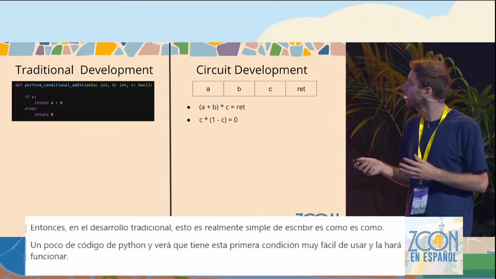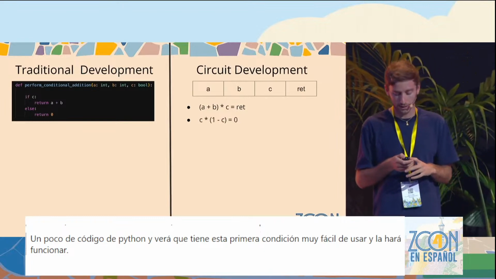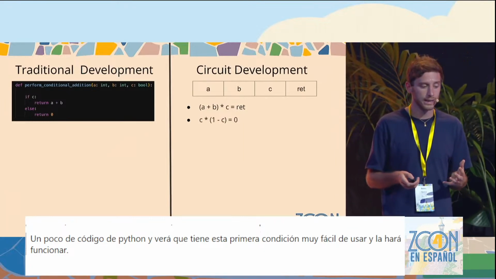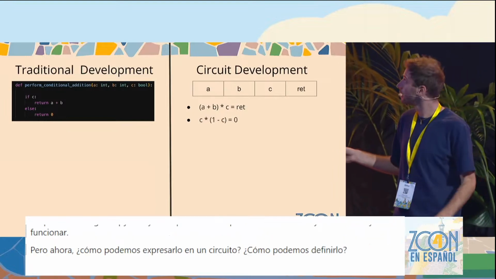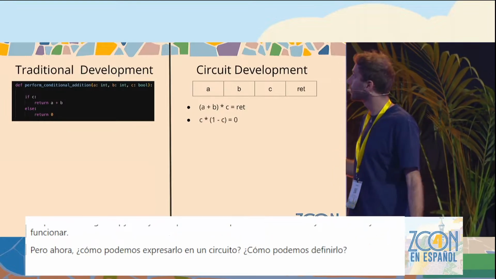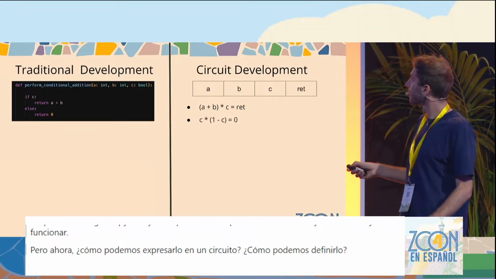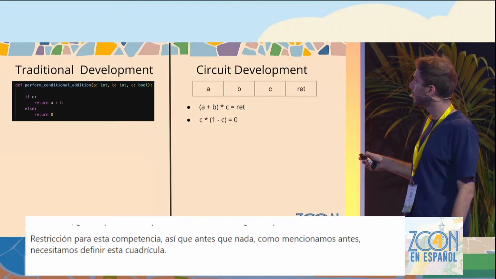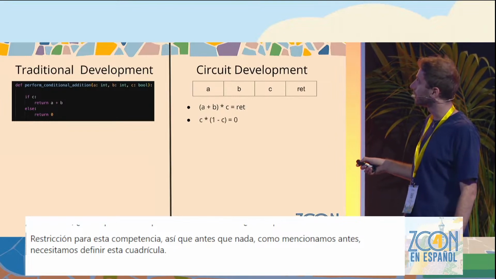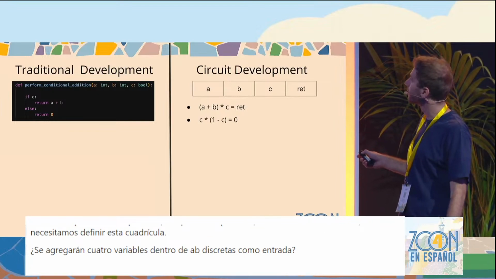But now, how can we express it in a circuit? How can we define constraints for this computation? First of all, as we mentioned before, we need to define this grid. We'll add 4 variables inside this grid. A and B are the inputs, the numbers. C is a Boolean, and ret is the return value.